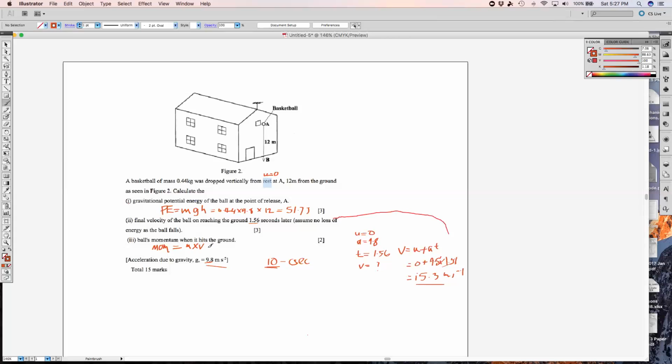So we got the velocity as 15.31, so it's 0.44 multiplied by 15.3. 6.73. Yeah. And the unit for momentum is what? Anybody? Kilogram meter per second.